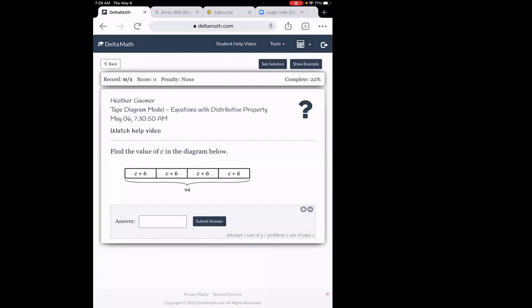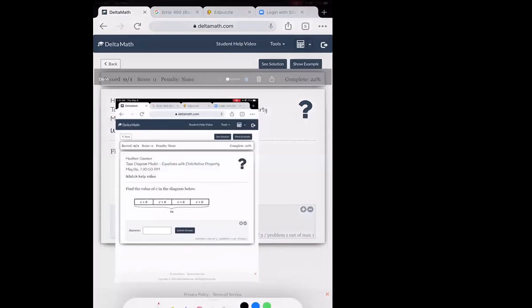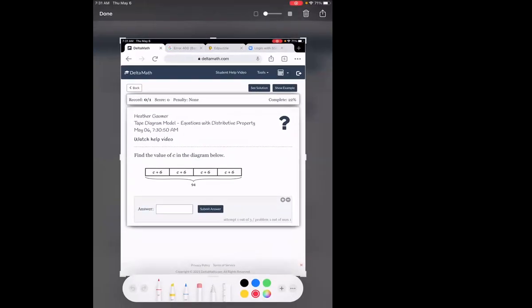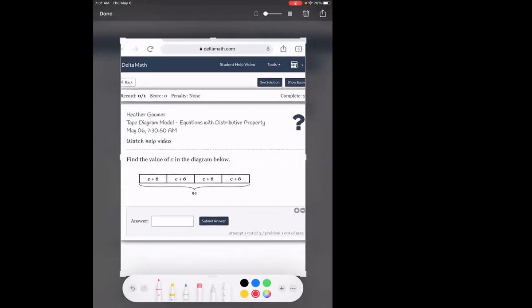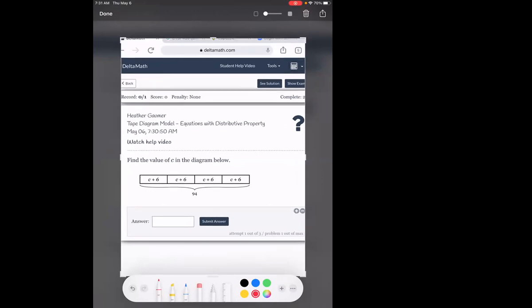Okay, all right, next problem. Then we move to problems where we had to use parentheses. So instead of just 3 x's, now I'm going to have 4 c plus 6's. So I'll take my screenshot and write my equation down.